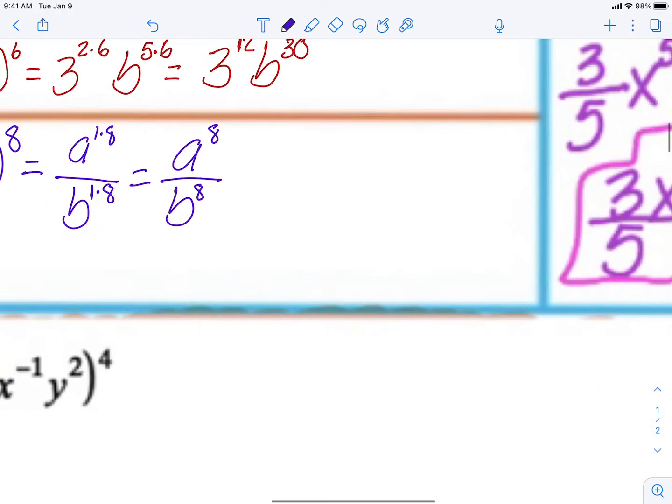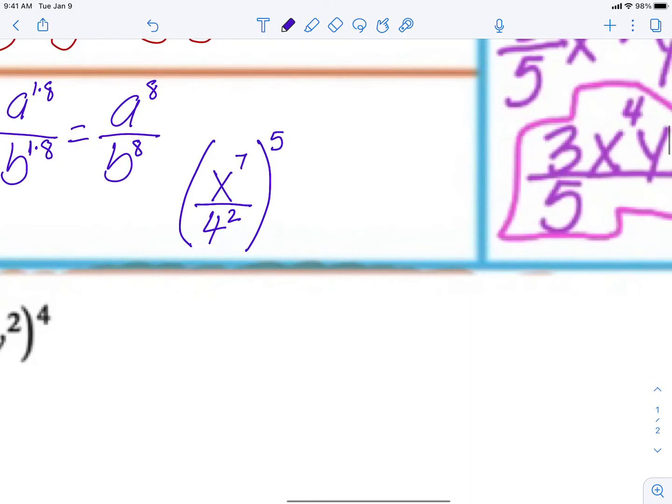One more example here. Let's say we have x to the power of 7 over 4 to the power of 2, and that's all to the power of 5. So this means we get x to the power of 7 times 5 over 4 to the power of 2 times 5.